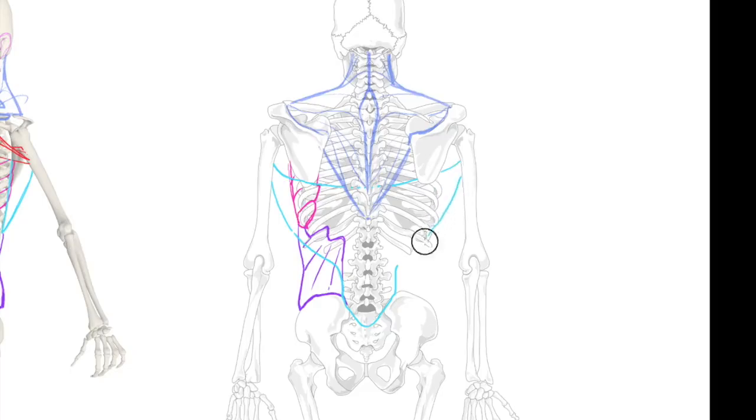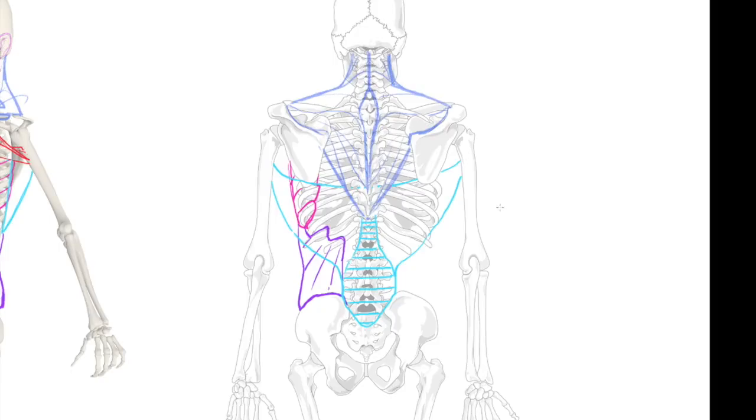Okay. And obviously these areas are kind of empty areas in the muscle where a thin skin layer is covering the spine.